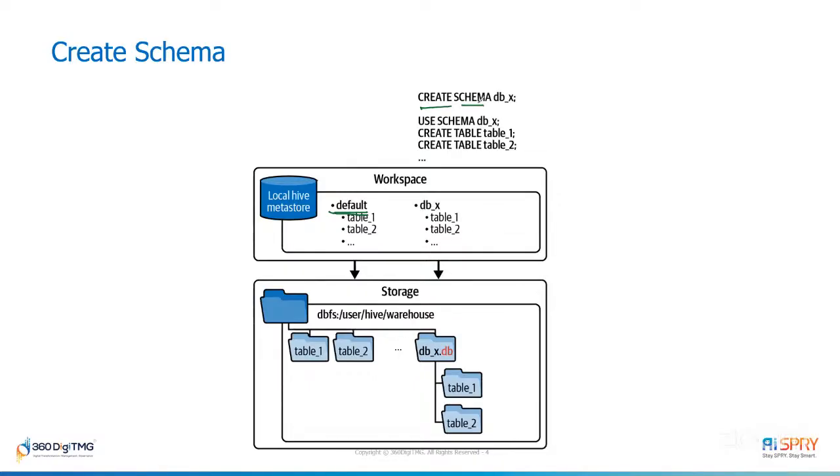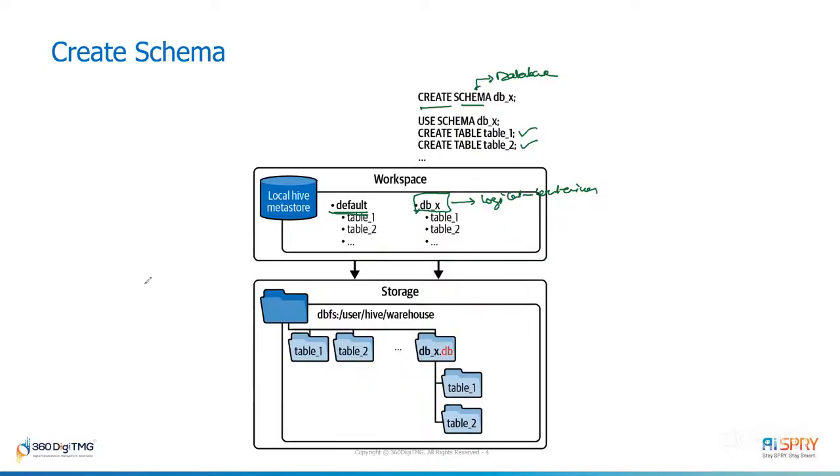I'm saying create schema dbx. It creates another space. What is this? It's nothing but a logical container. So within that schema, I can create my tables. And within this schema, I can also create databases and tables. So both ways can be done. Schema is nothing but a database, right? A separate section of the database.